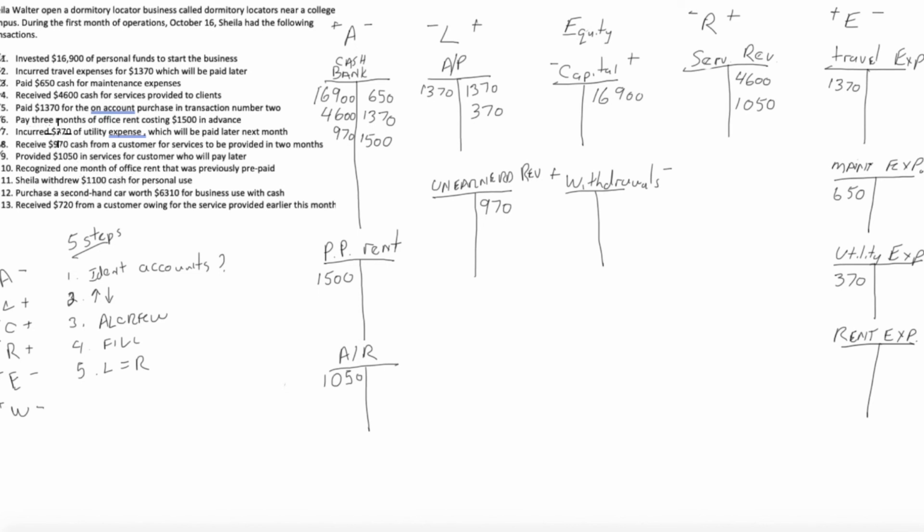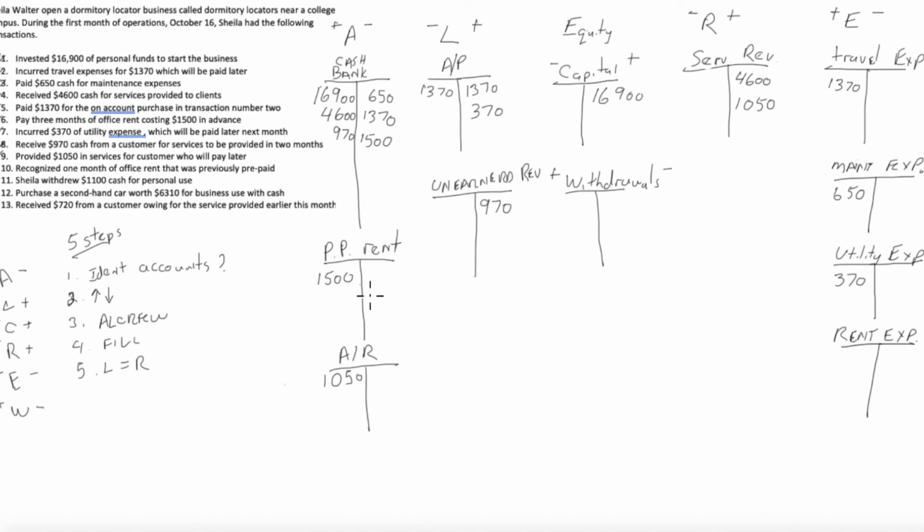We paid for 3 months rent. Okay, so if 3 months rent was $1,500 and we only used 1 month of it, that means we've only used up $500 of the prepaid rent. Does that make sense? Right? 1,500 divided by 3 means each month costs us $500.